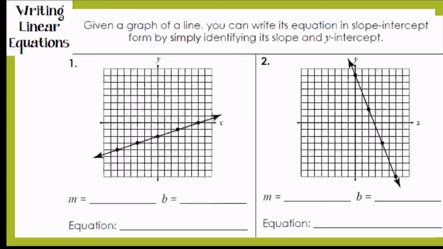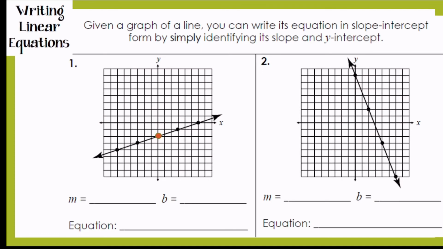So what I want you guys to do is keep practicing. But you might get a problem where they give you the line already graphed and you have to write its equation. Well, you're going to do kind of the reverse of what we just did. Go through and find where it begins. Find its y-intercept.